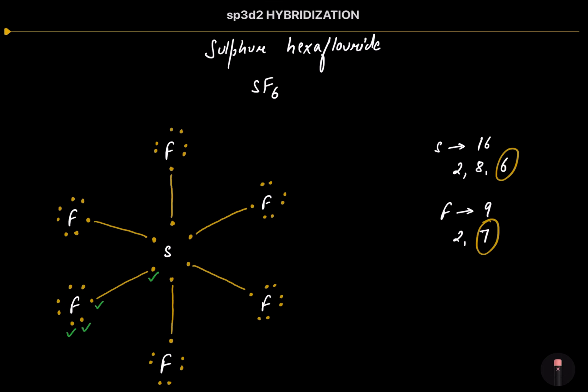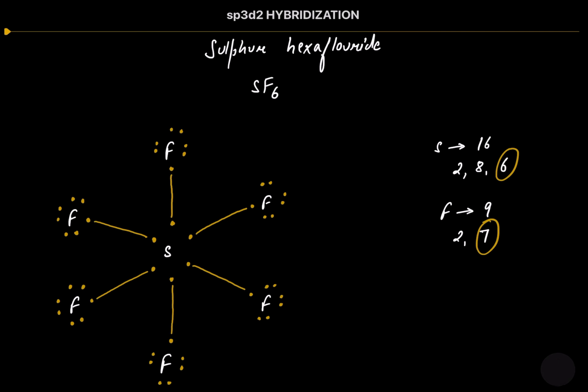Now let's come to the third fluorine. Counting its electrons, that means the third fluorine has also attained octet, that is 8 electrons, after the formation of 1 bond with sulfur.